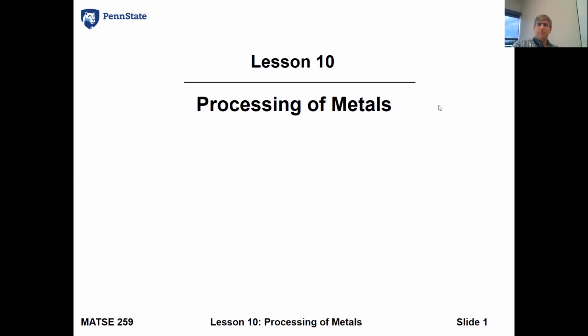And what we're going to do in this lesson is go over several of the major areas that consist of processing. We're going to start with what we call thermomechanical processing, which is for the most part having a finished ingot or some type of very simple product form, and heating it and beating it into shape, very much like a blacksmith.